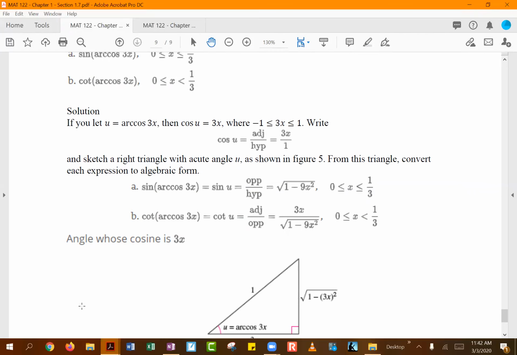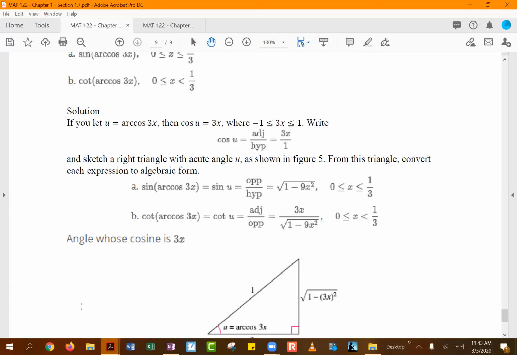Now think about it. What is the domain of the arc cosine function? Because the domain of arc cosine is the range of the cosine function, -1 to +1. Very good.